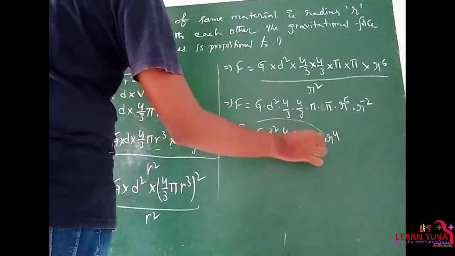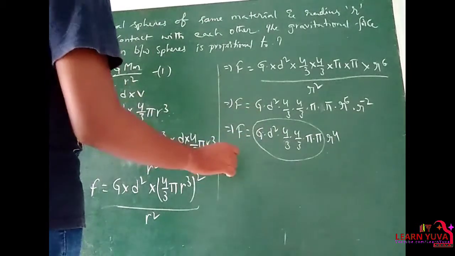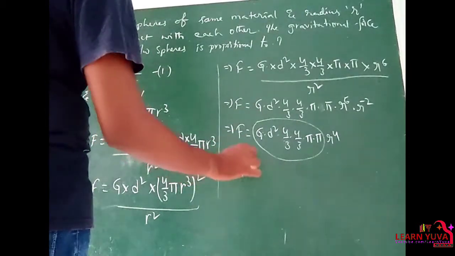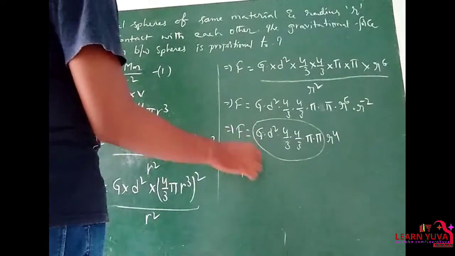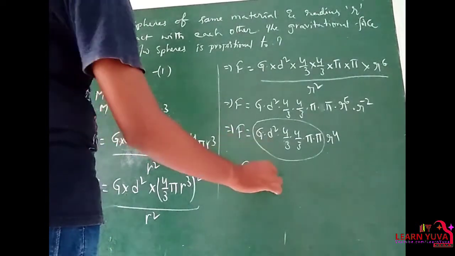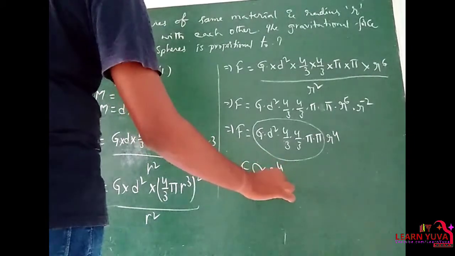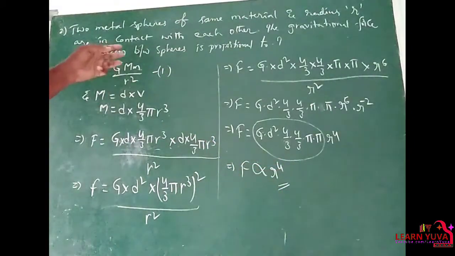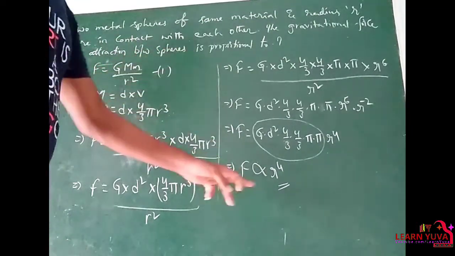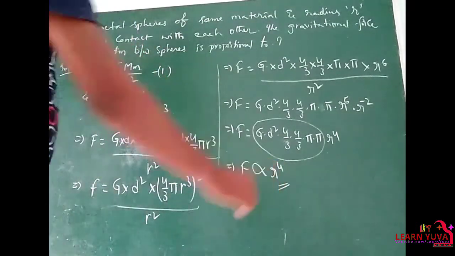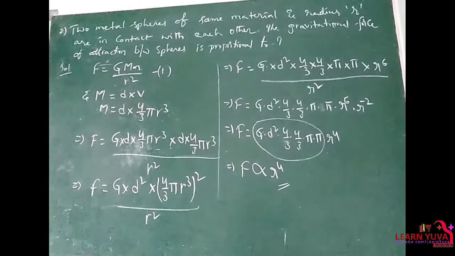These values are constant, so by removing the constants, F becomes directly proportional to r power 4. So from the question, the gravitational force of attraction between the spheres is directly proportional to the radius to the power 4. That's it.